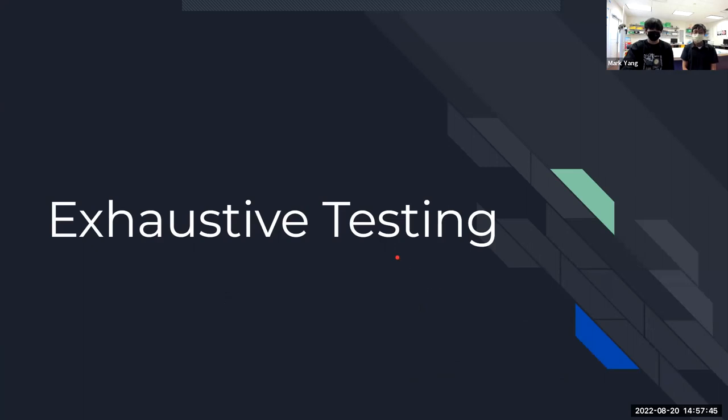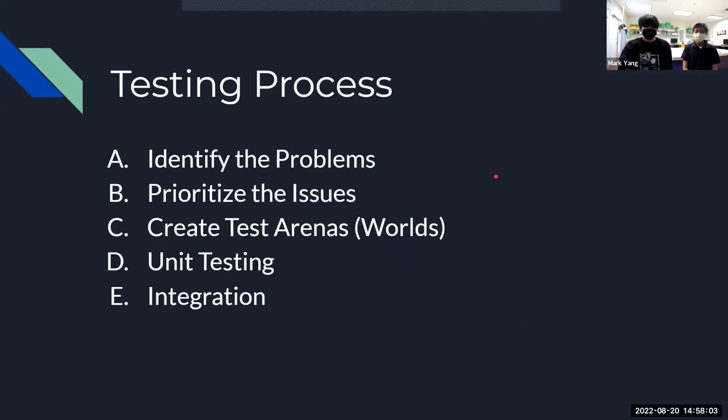So when facing all of these prior tasks, obviously you're going to face many issues, and to get through these issues and be able to solve them and make a more sturdy and comprehensive robot, we had to go through many hours of testing. To begin, the testing process is made up of multiple different parts, which includes identifying the problems, prioritizing the issues, creating the test arenas or worlds in this case, doing singular unit tests, and then finally integrating all of the sections that we tested individually.